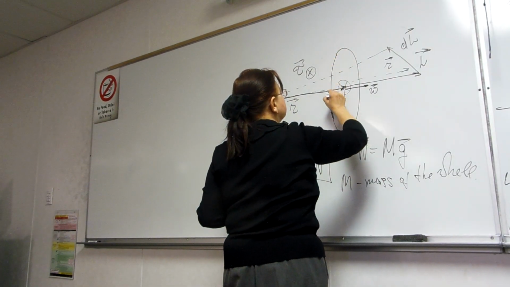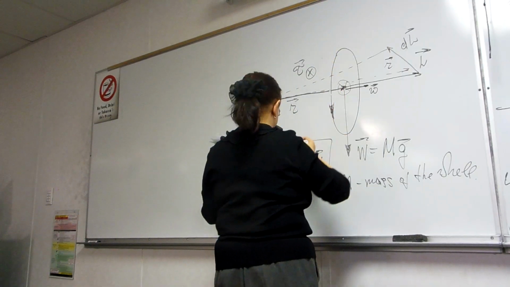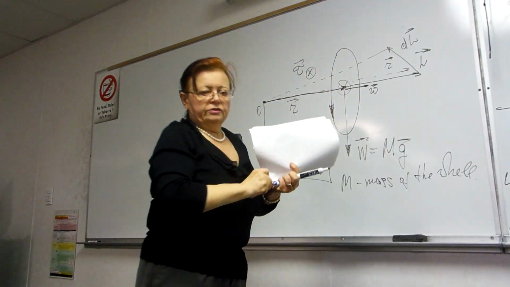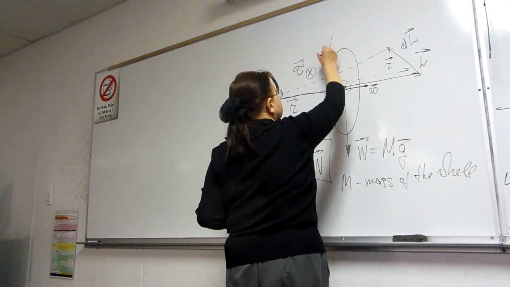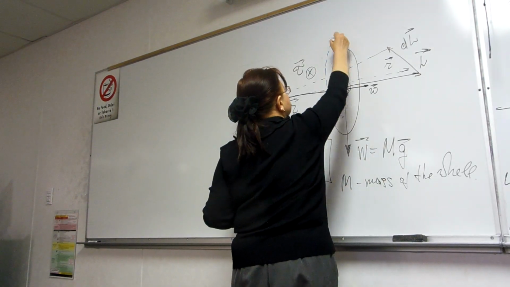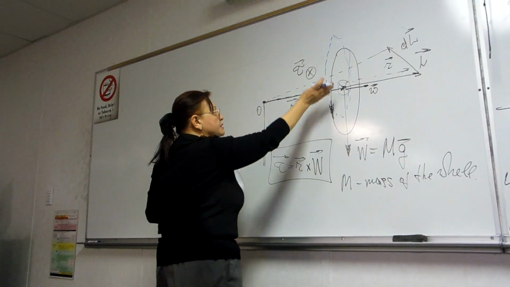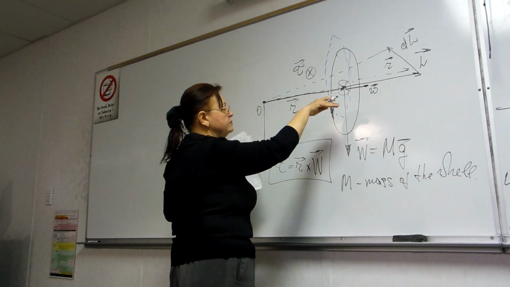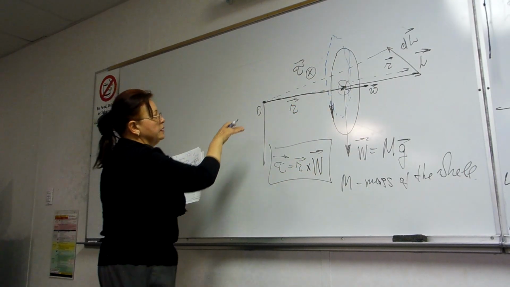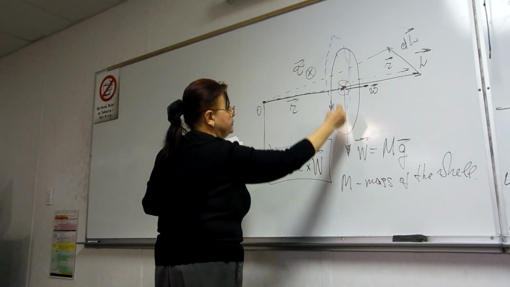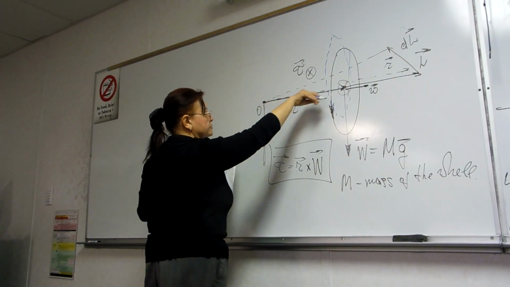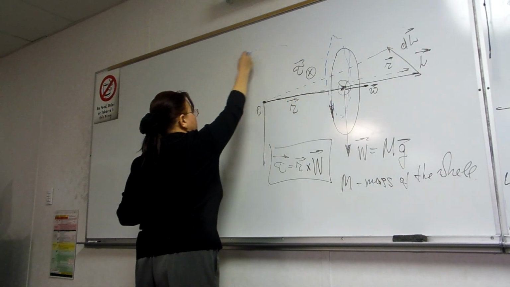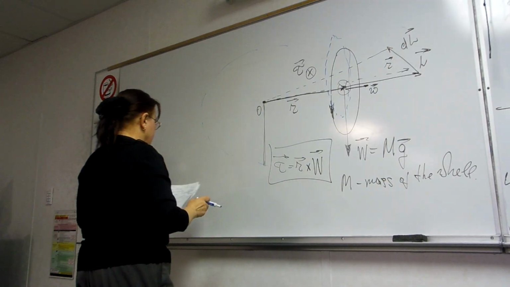That wheel will get different position. So it will start to rotate in a plane which is perpendicular to W, or in plane of radius vector r. So it would perform rotation like that.